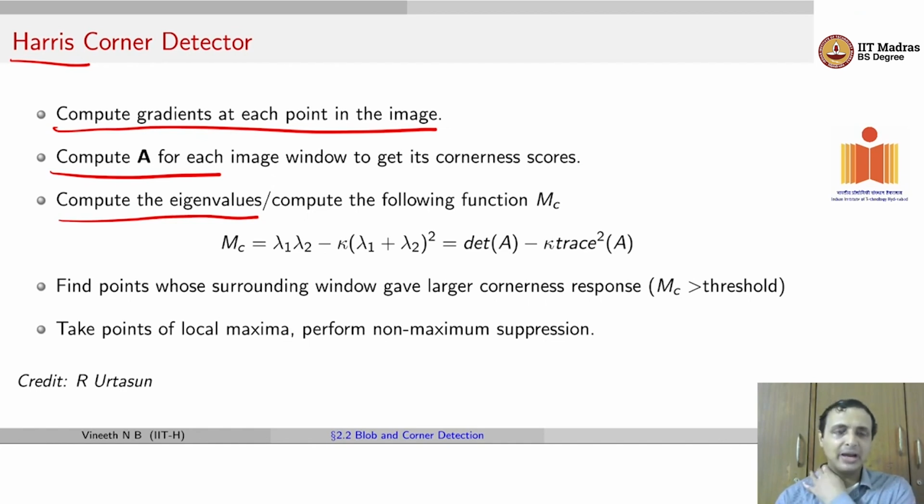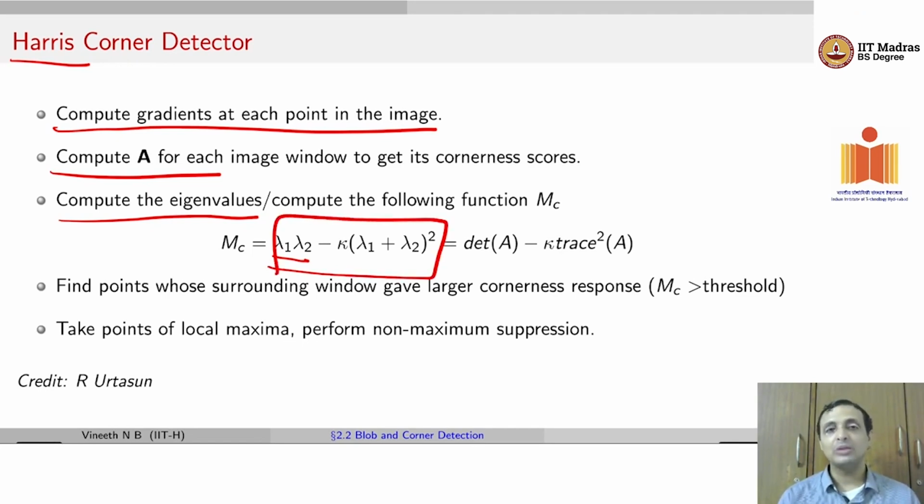But because eigen decomposition by itself can be a costly process, we make a slight deviation to compute our cornerness measure. We define a cornerness measure as lambda 1 into lambda 2 minus kappa times lambda 1 plus lambda 2 squared. I'll let you work this out to show that when this entire quantity is high, you will know that both those lambda 1 and lambda 2 are high.